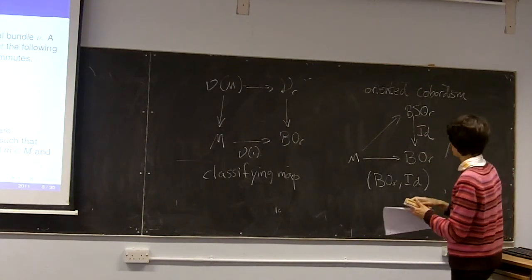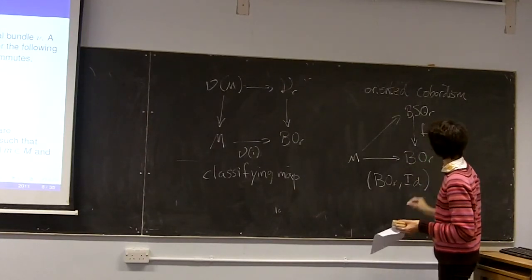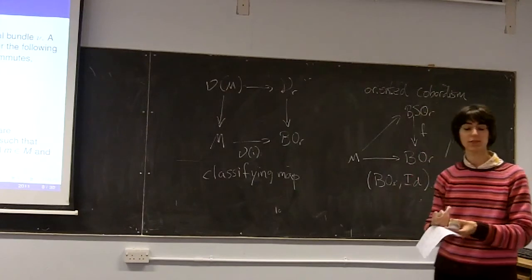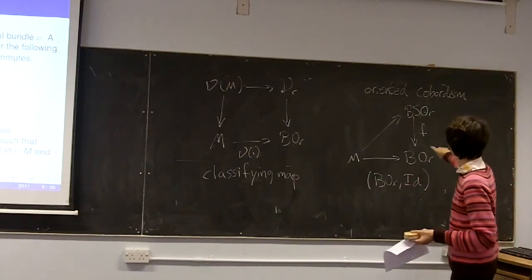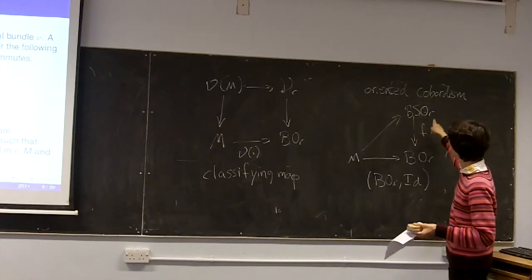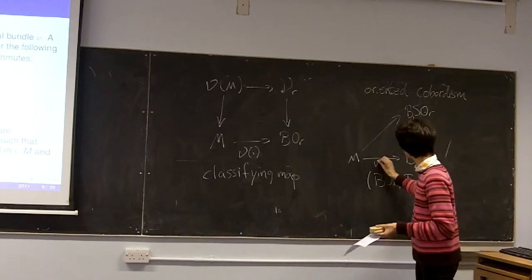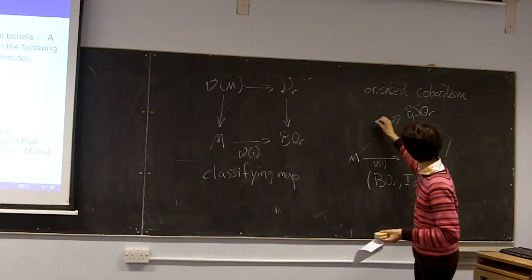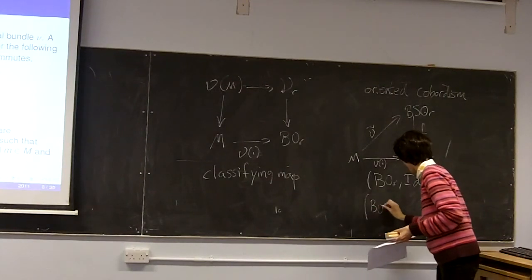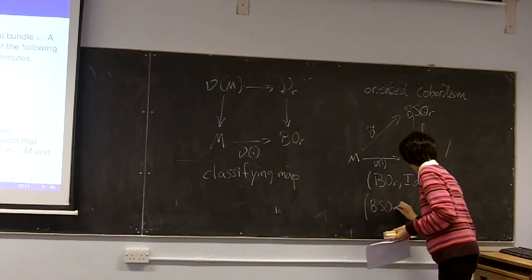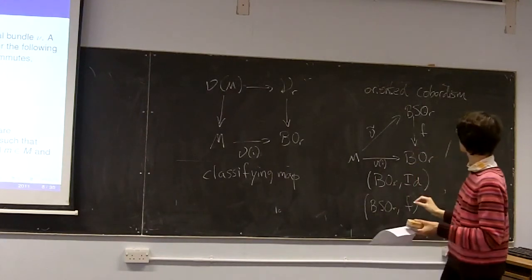We need again a map, but we only have two choices for the map, and we only have two choices of orientation. So this could be just the identity or minus the identity. And then this would be again the classifying map, and this would be the lift. These are two examples.